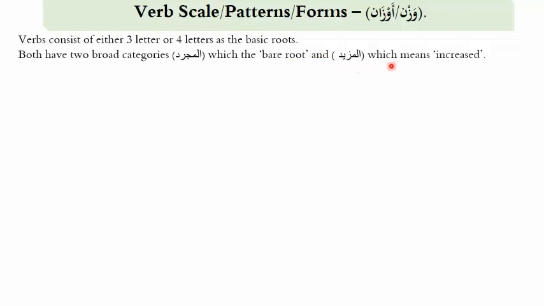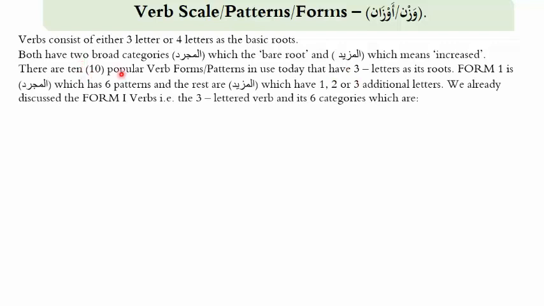And al-mazid, which means increased. So if you increase on any one of these, the 3 letter or the 4 letter, it is called mazid. So it's mujarrad and mazid. There are 10 popular verb forms or patterns or scales in use today that have 3 letters as their root. Form 1 is al-mujarrad, which has 6 patterns.